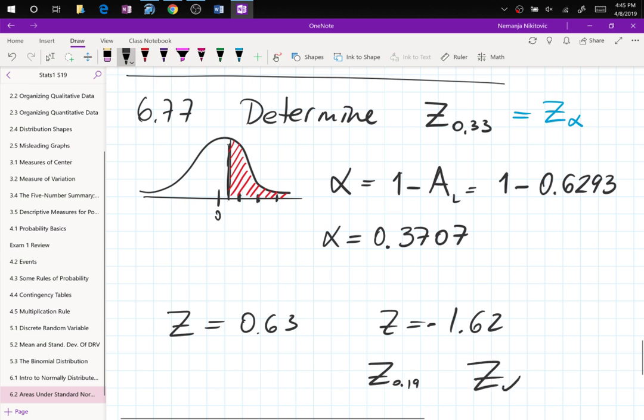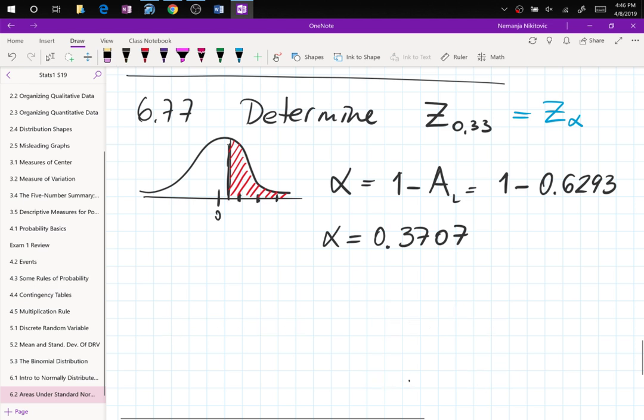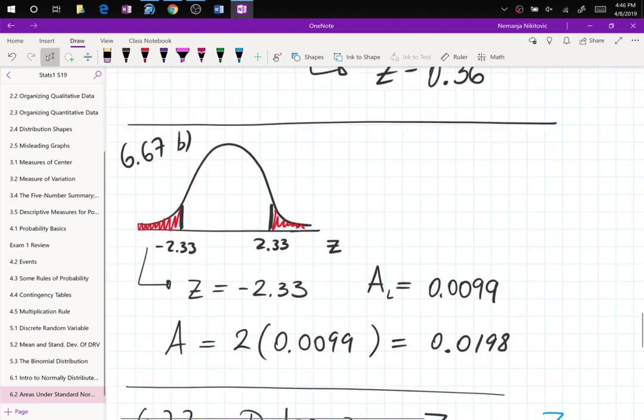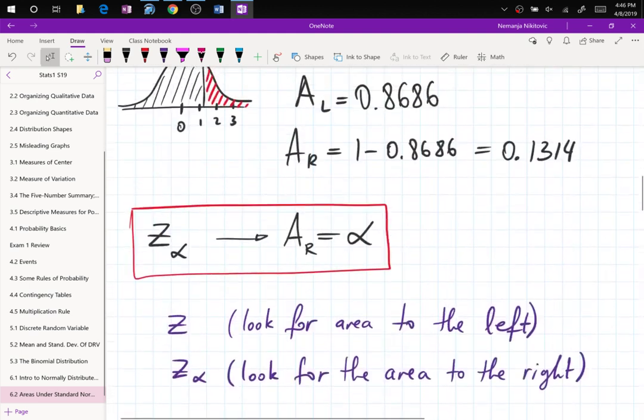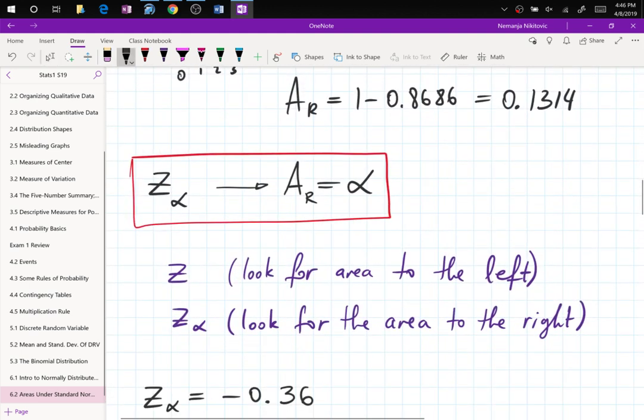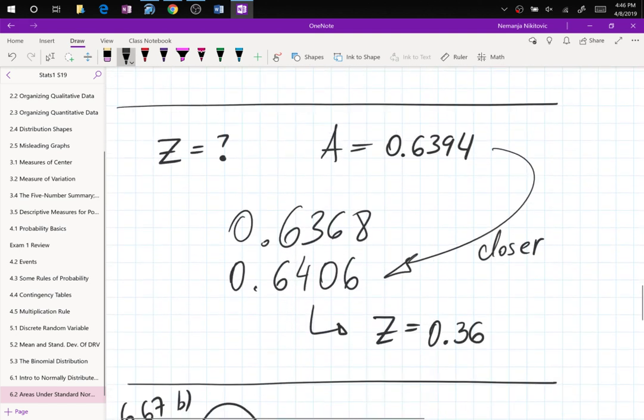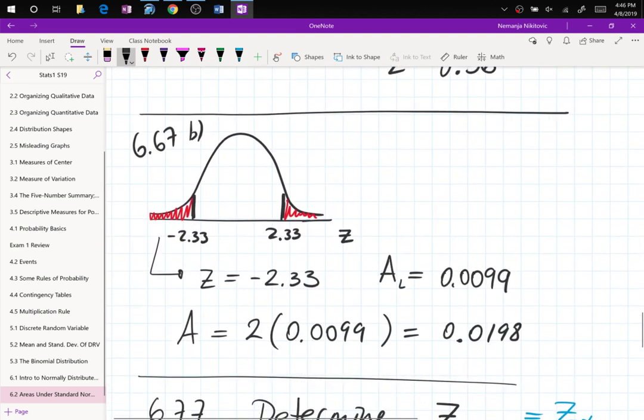That reminds me of this one. So we only had that for the area to the right. And I think actually I did have it in purple, there it is, right? So regular z gives us that, and then z sub alpha is area to the right. That's it. Those are the mechanics.